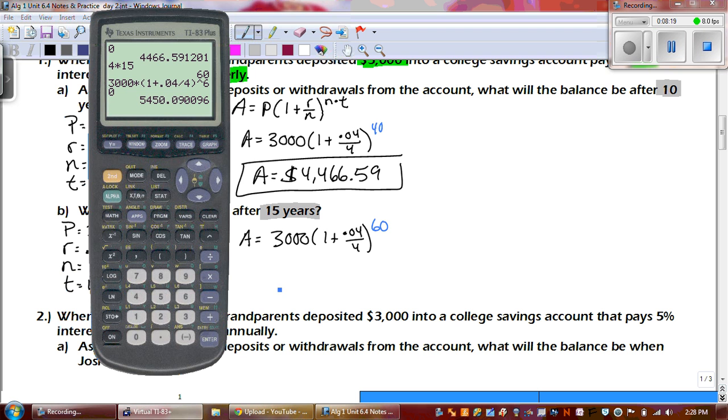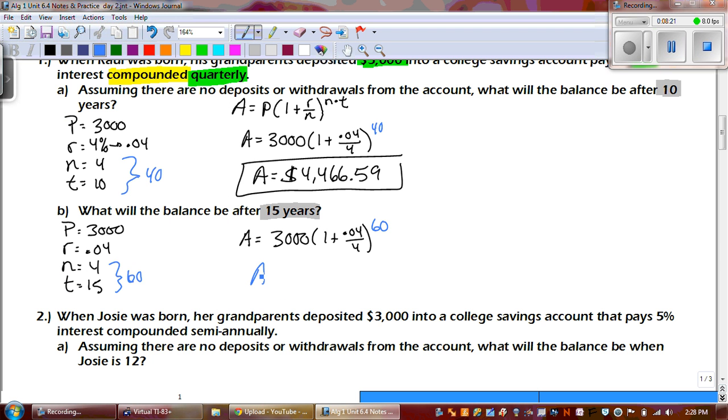Okay. And we're talking about money, so I'm using the dollar sign. So just by staying in there 5 more years, you have pretty much another $1,000 that has been deposited, or interest that was earned. Okay?